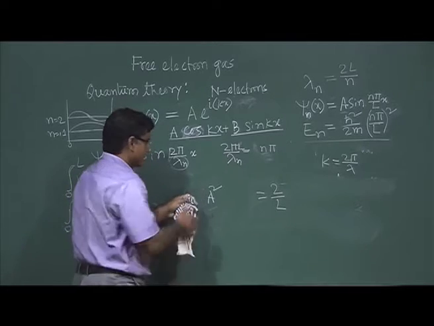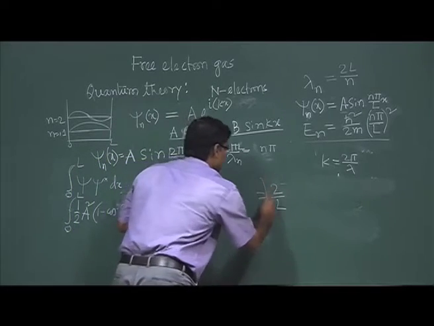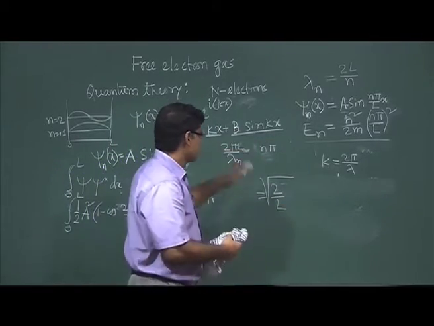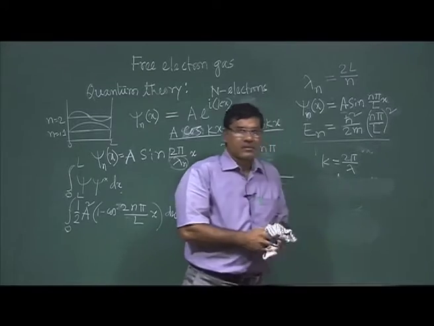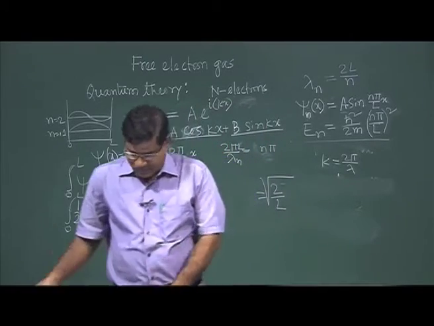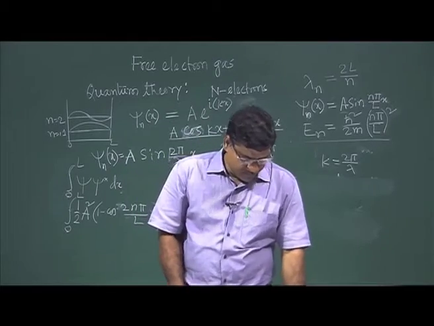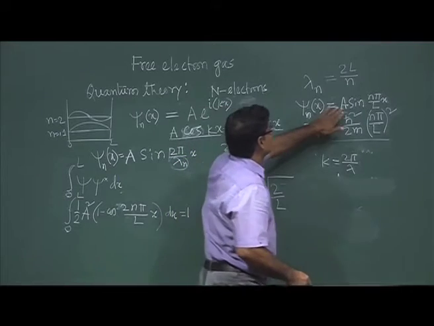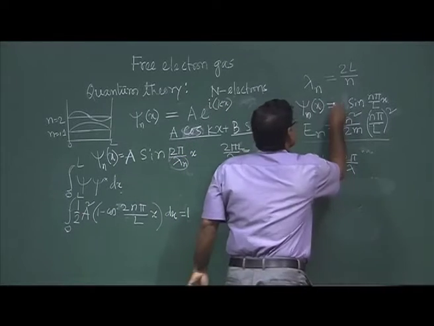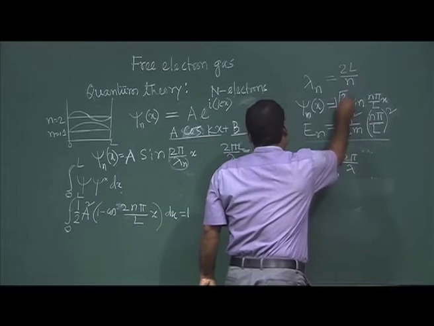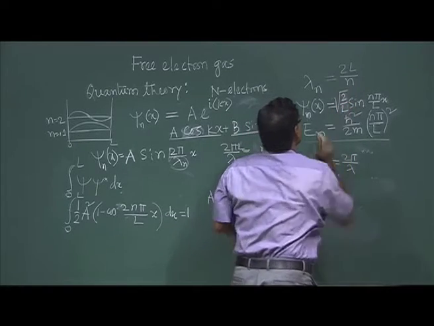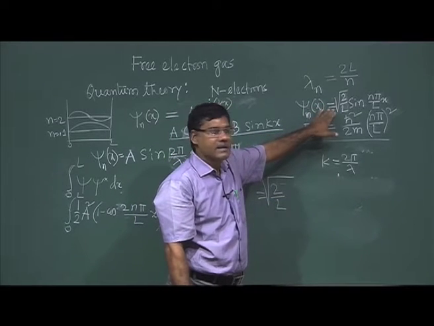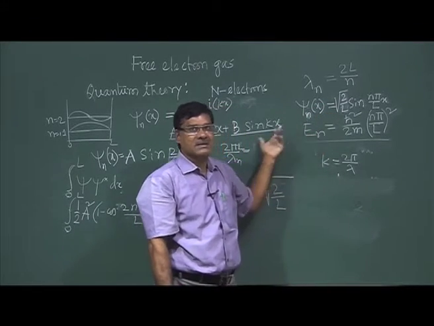So, a will be square root of 2 by L. So, this way one can find out, but I do not need it for this problem right now. So, this is the wave function and energy form of our system.